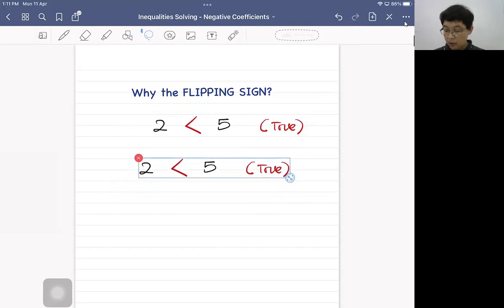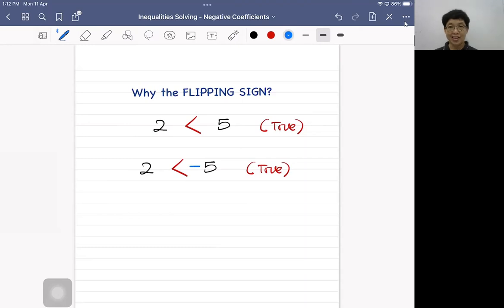If I add a negative sign in front of 5, so it has become 2 lesser than -5.